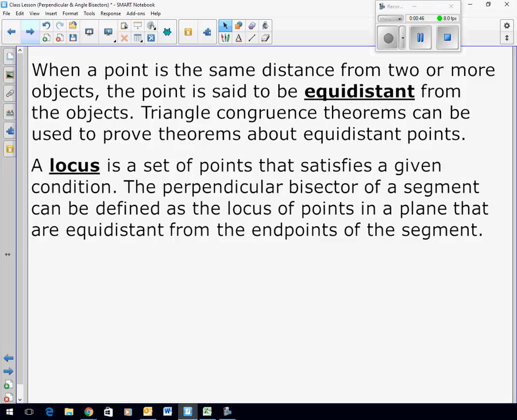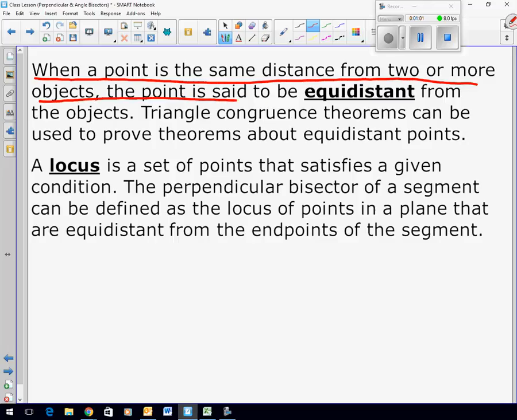Equilateral, equiangular, equidistant. All mean equal. So this is going to come up today in certain of our theorems about triangle congruence, and specifically about angle and perpendicular bisectors.